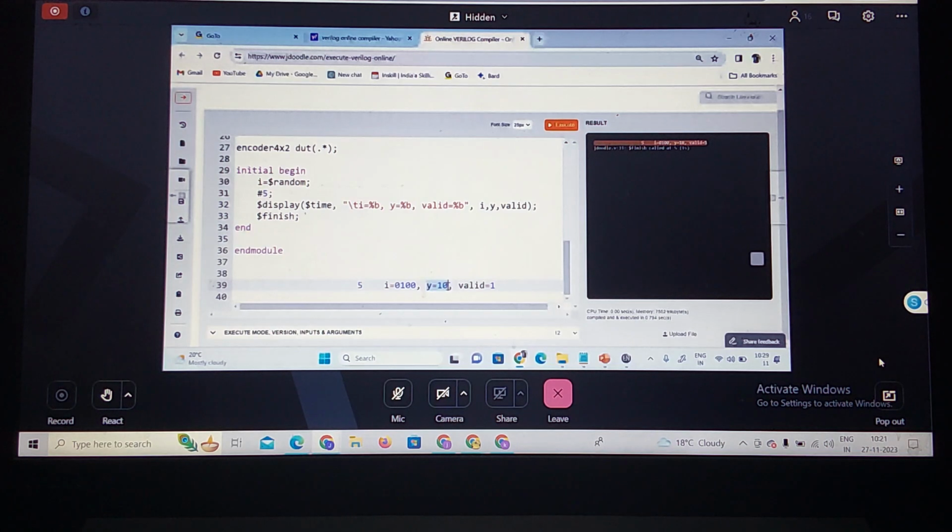Then what is the valid output? 1. Did you understand? Now let us give the input as 4'bZ. It is not a valid encoding, correct. Now what is it going to be in this case? Valid is equal to 0. Let us run this program.